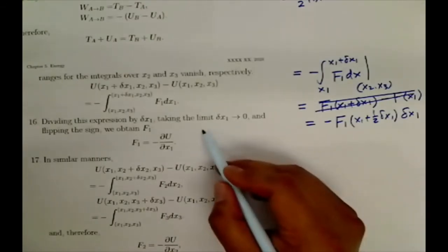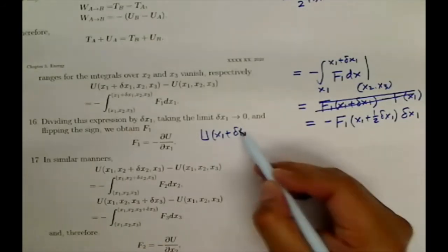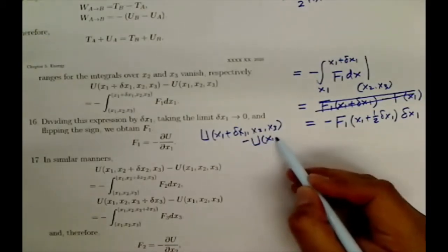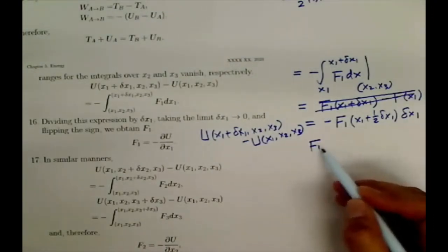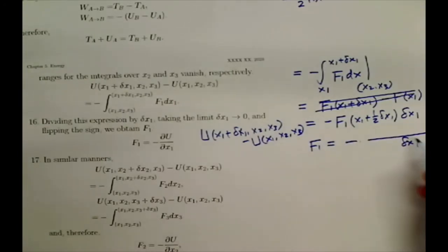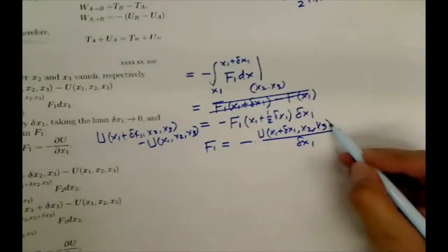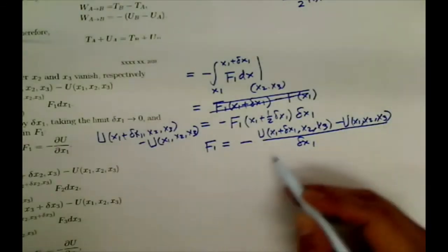And the left hand side is U at x1 plus delta x1, x2, x3 subtracted by U at x1, x2, x3. Therefore, F1 is minus the left hand side divided by delta x1, U at x1 plus delta x1, x2, x3 subtracted by U at x1, x2, x3.